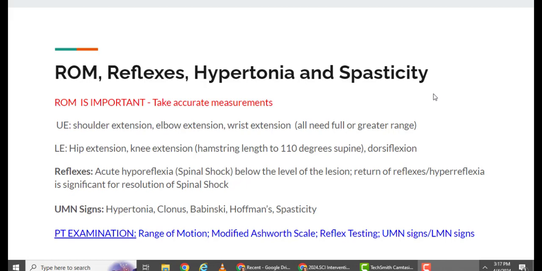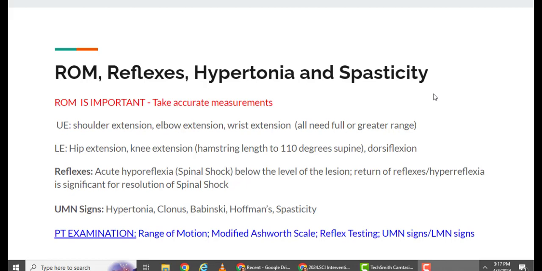Also, if we see any upper motor neuron signs like hypertonia, clonus, Babinski, Hoffman's, that will give us an indication that we've got resolution of that spinal shock, but also some increased muscle tone developing.